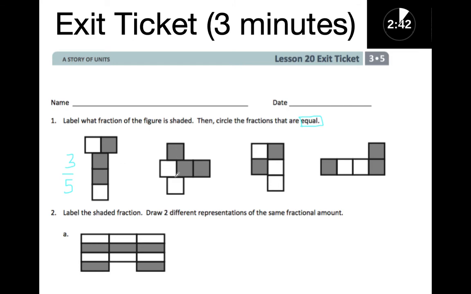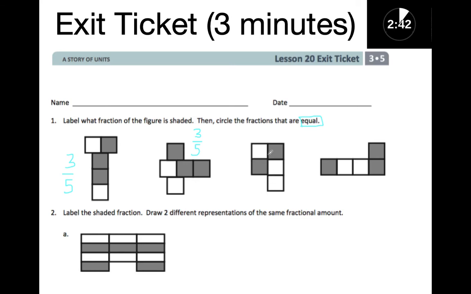Okay, so let's look at this next figure right here. We have 1, 2, 3, 4, 5 cubes again, and there are 3/5 shaded. Now, what fraction here are they shaded? And it says 1, 2, 3, 4, 5.